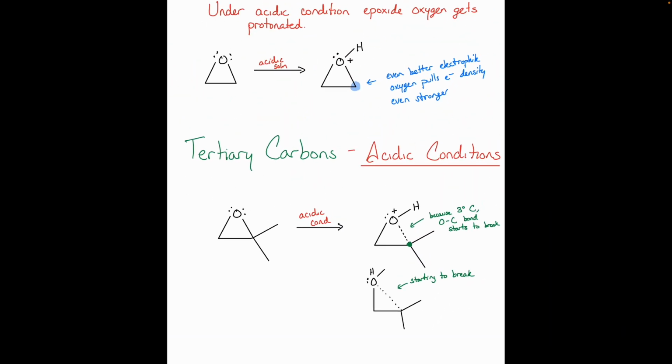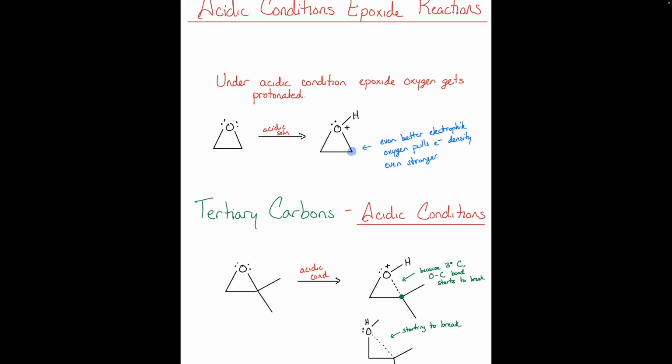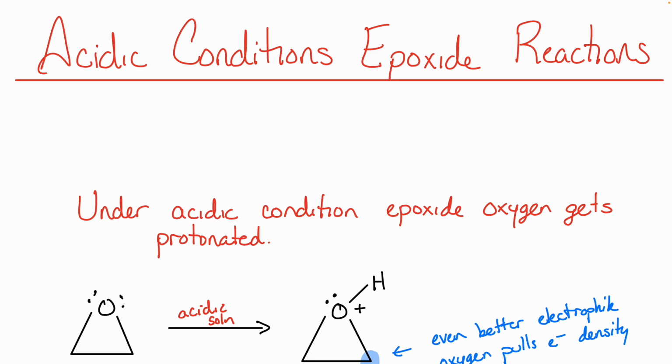So because of this, under acidic conditions, specifically if we have a tertiary carbon, that is going to be the one that's attacked first. All right, so under acidic conditions, tertiary carbons are preferred. If it's not a tertiary carbon, then you just go to your more accessible argument. So it actually goes tertiary, then primary, then secondary in terms of our nucleophilic attack.